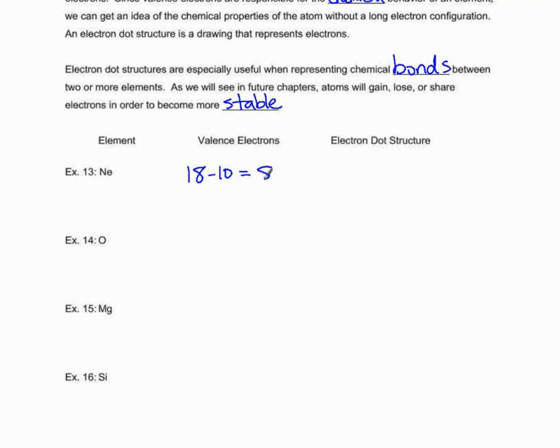Subtracting 10 tells us that it has 8 valence electrons. And here's how we draw its electron dot structure. I didn't write a procedure for it. That would be really a waste of space. Start with the atomic symbol. In this case, it's Ne.